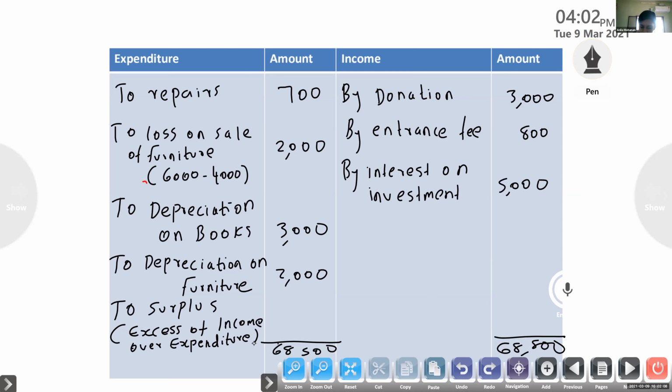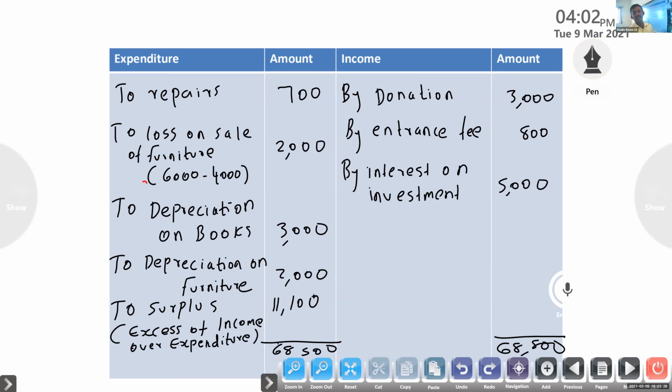Excess of income over expenditure, anyone? 11,100. Yes, 11,100 surplus. Now we can do the opening balance sheet.